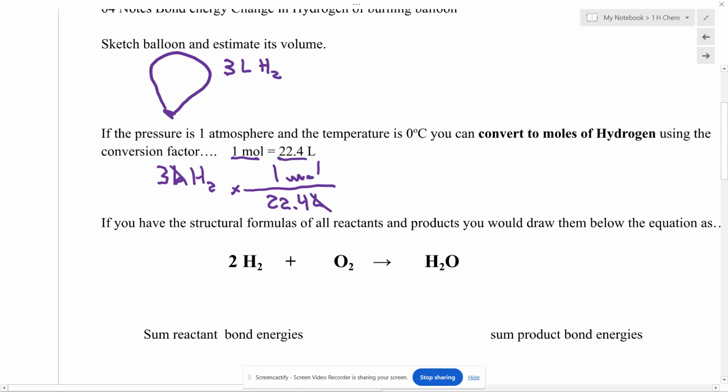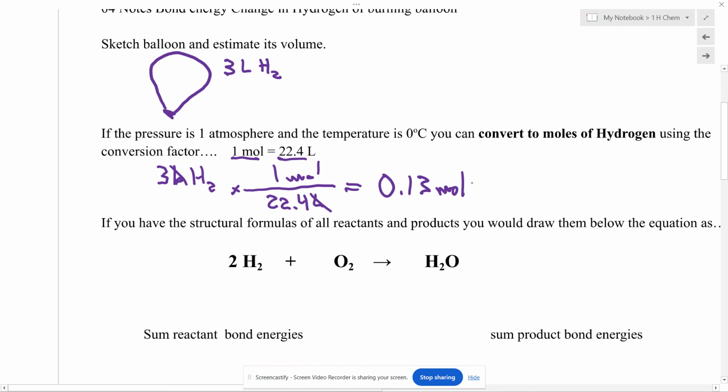So that will tell us, let's see, 3 divided by 22.4 is roughly 0.13, but we're going to just call it 0.13 moles.